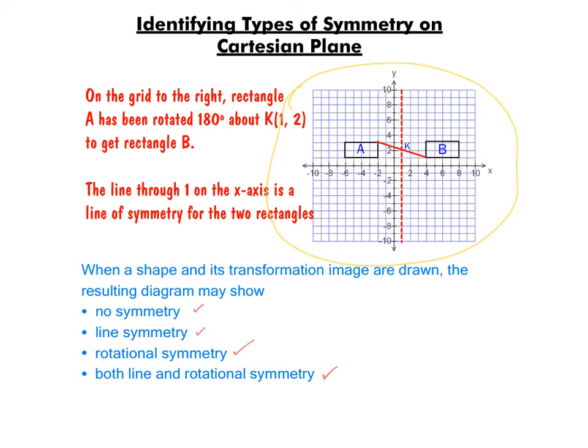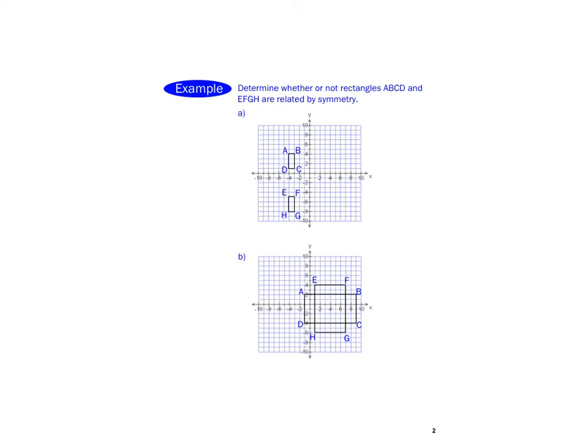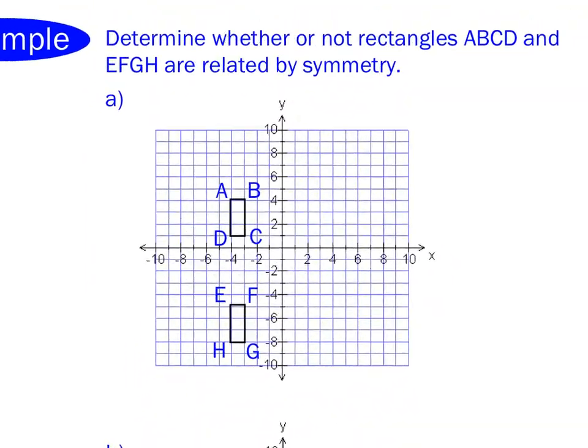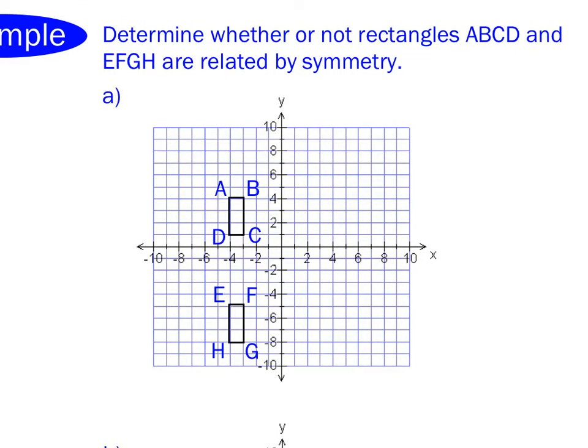Let's do some examples. So here we have, is there line symmetry or rotational symmetry with these 2 rectangles? Well, just like the last situation, we are going to be able to draw a line, and that line is right here.